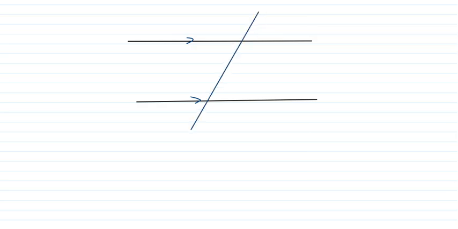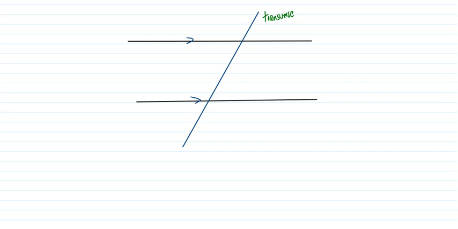What is a transversal line? This is a line that touches two parallel lines, simply a line that you draw between two parallel lines. That would be a transversal line, or a transverse.